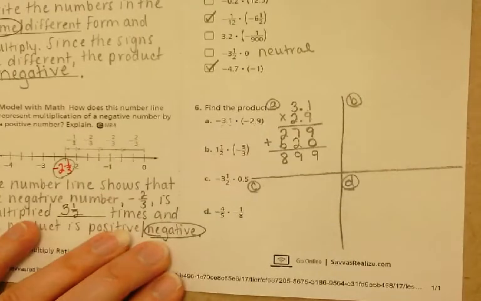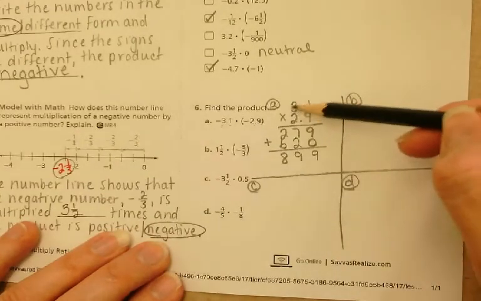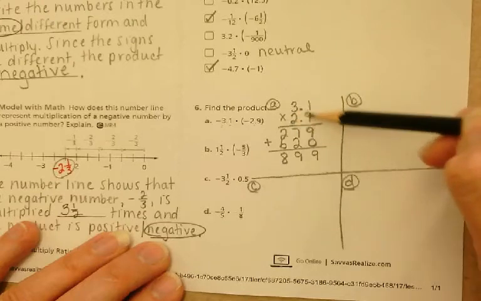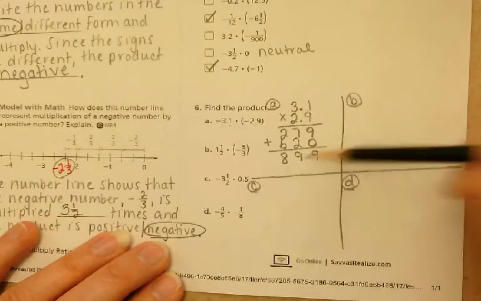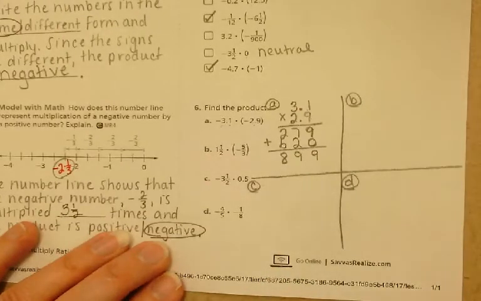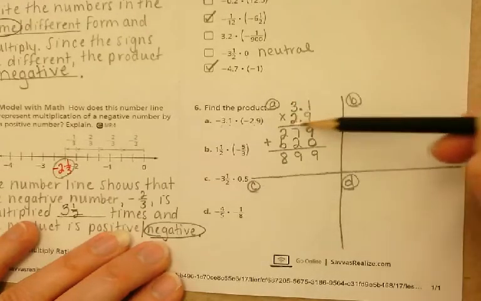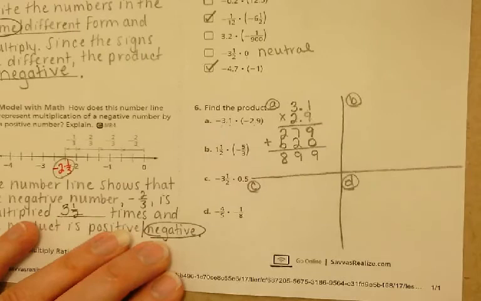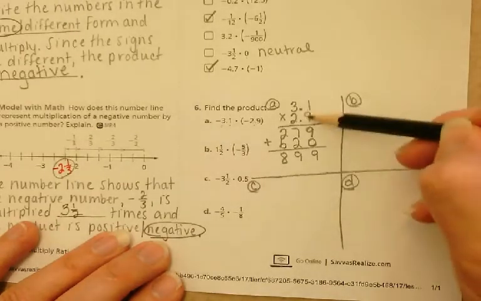Okay, I get 899, but clearly a number that's close to 3 times another number that's close to 3 would give you a number close to 9. And so something's missing here. Don't forget to put back your decimal. Go back to the original factors, count how many digits are on the right-hand side of your decimal. There's 1, 2.